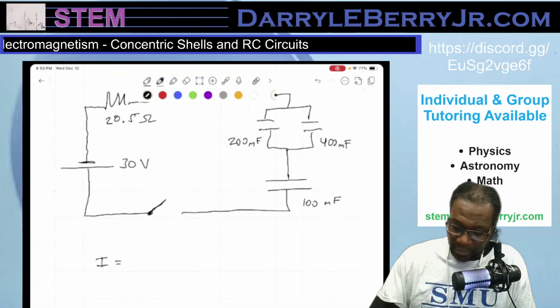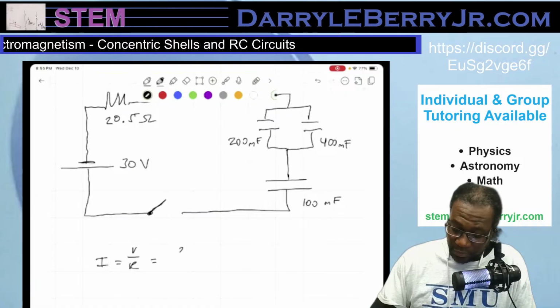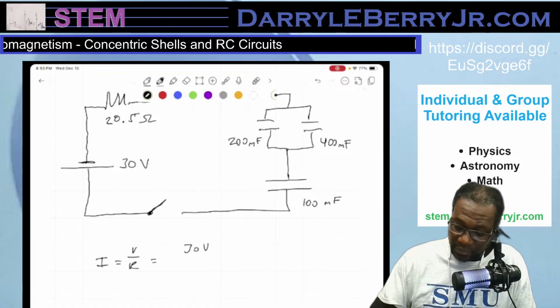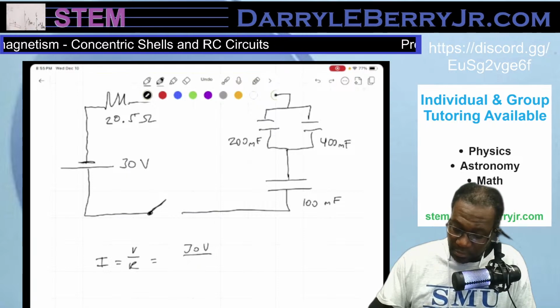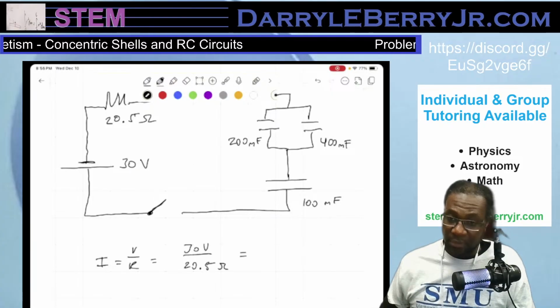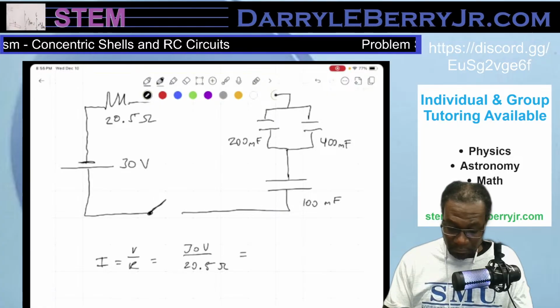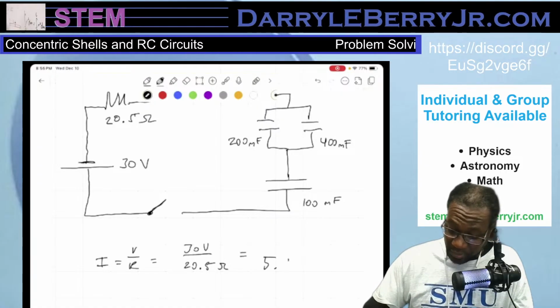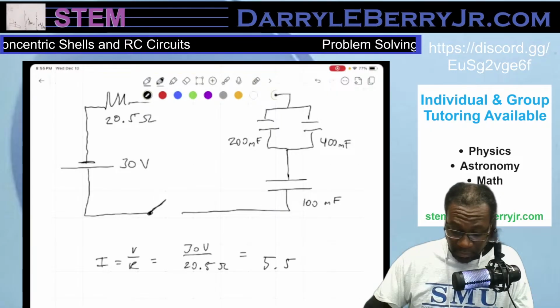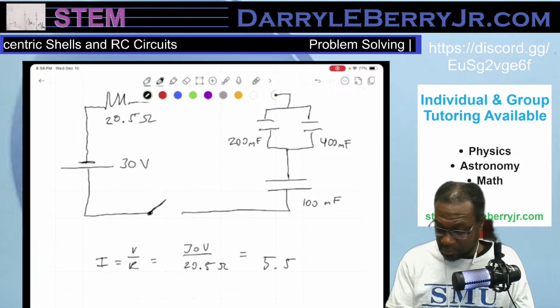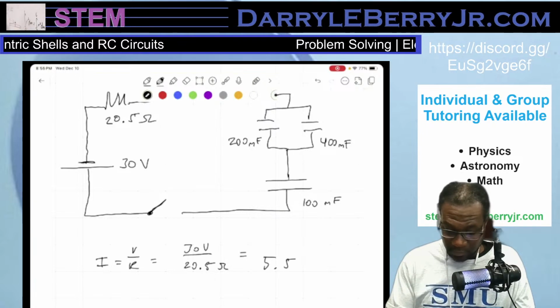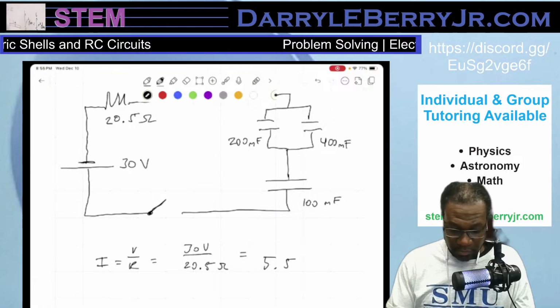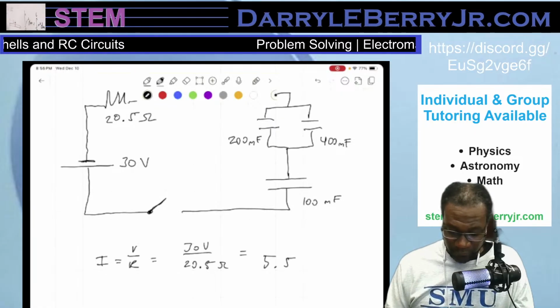So I equals V over R, which equals 30 volts divided by 20.5 ohms, which equals 1.46.